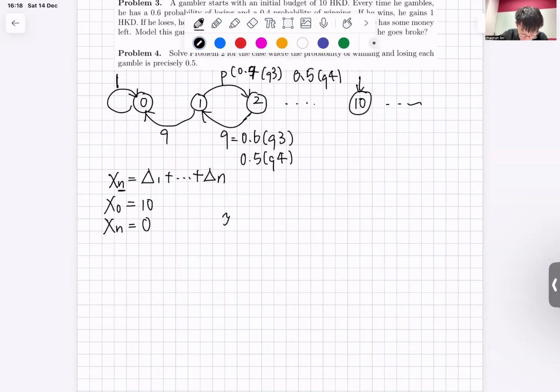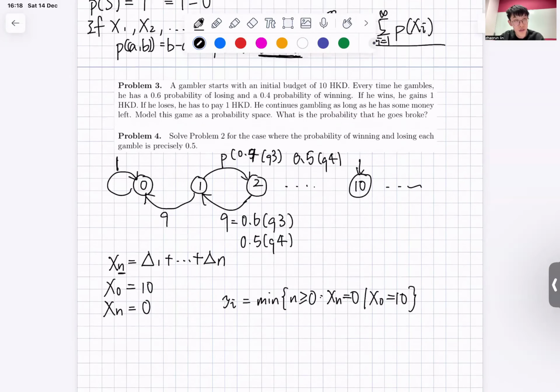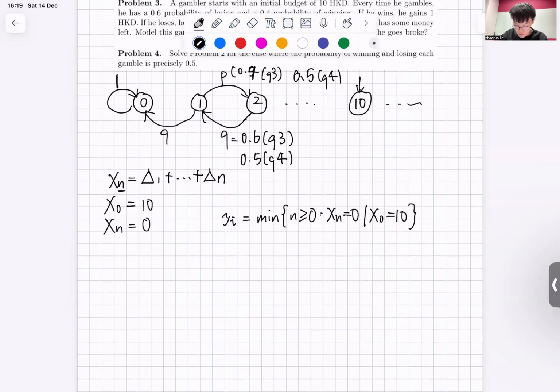Now we can define tau. Let me define tau to be the minimum n such that xn is 0, given that we start at 10. This simply means the minimum number of rounds that the gambler takes to get ruined, to get broke.